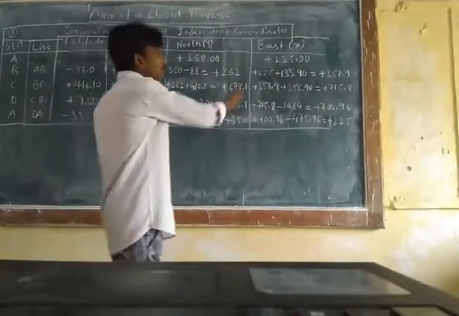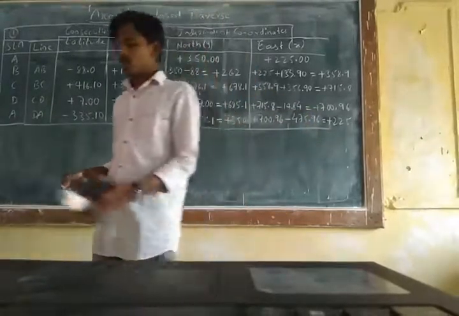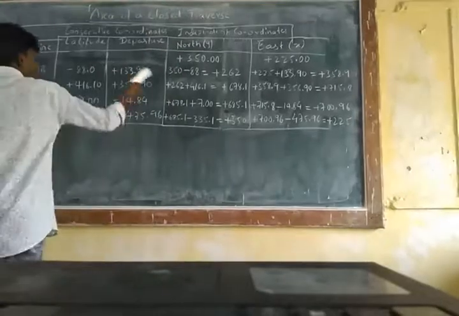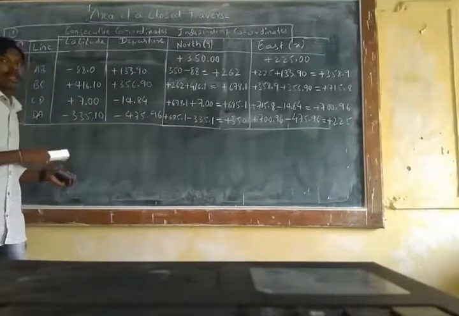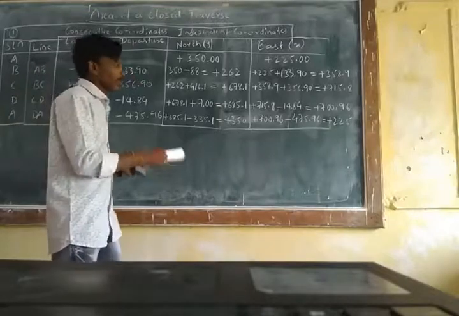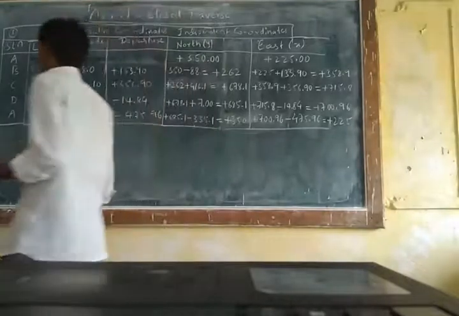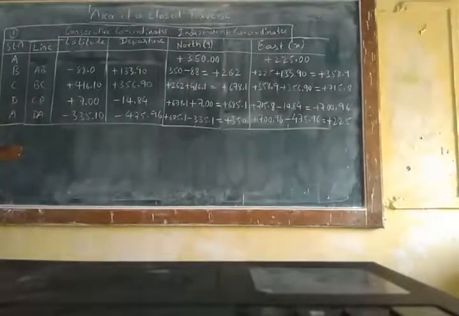So this is the check. Also these are the independent coordinates. So by using these we have to calculate summation of P and summation of Q, and by that we have to calculate the area. So let's go to the next segment.